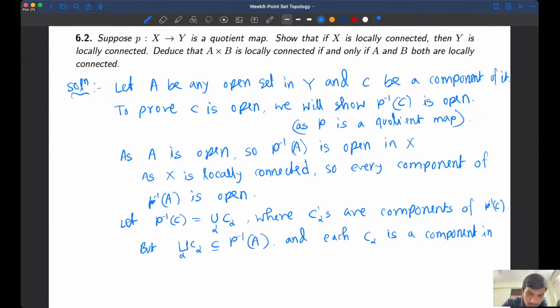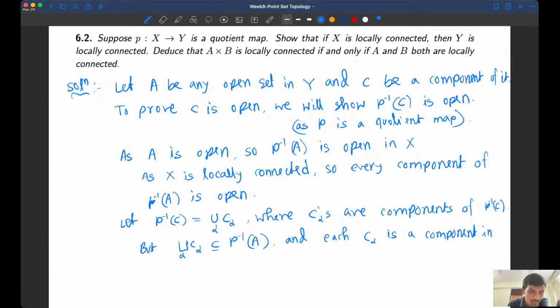Can we write this P inverse? Can we decompose P inverse A into its connected subclasses? No. Nested class, but how does that help? Connected components, yeah, connected components of P inverse A, or like I don't get what you are saying.